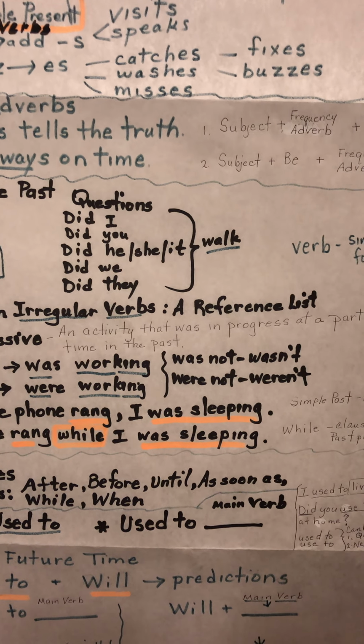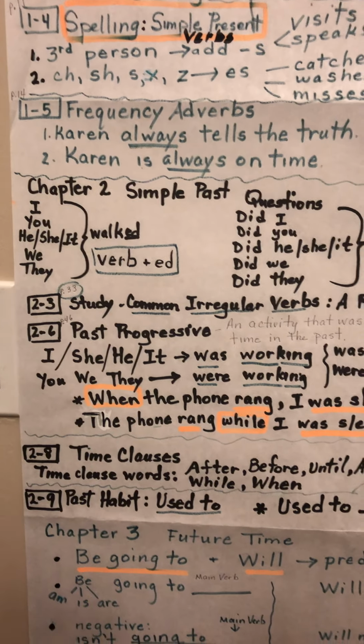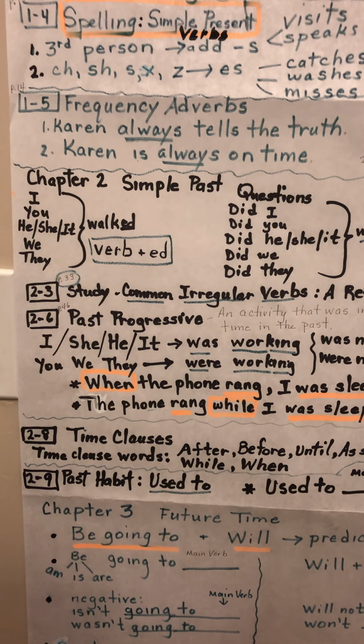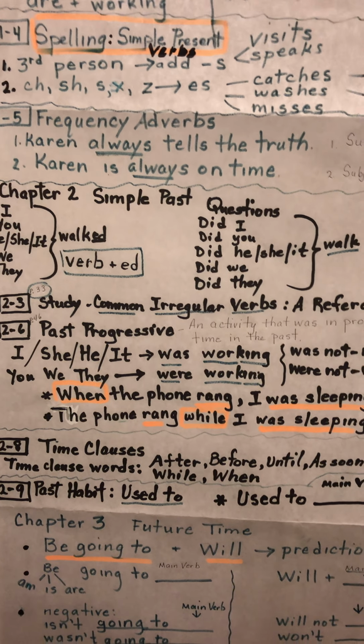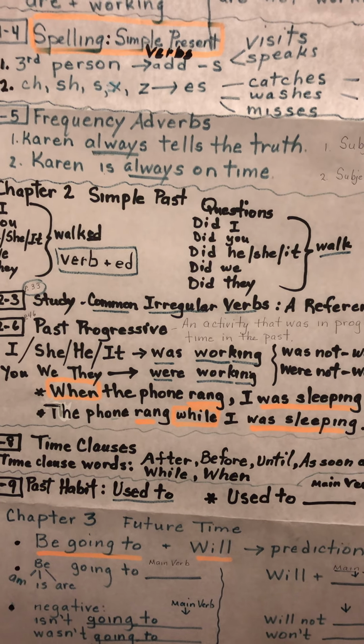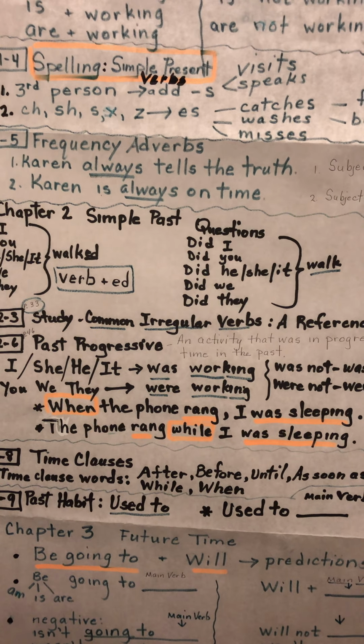So it was in progress at a certain time in the past. Okay? So how do we make the past progressive? We use was or were plus the verb with ing.